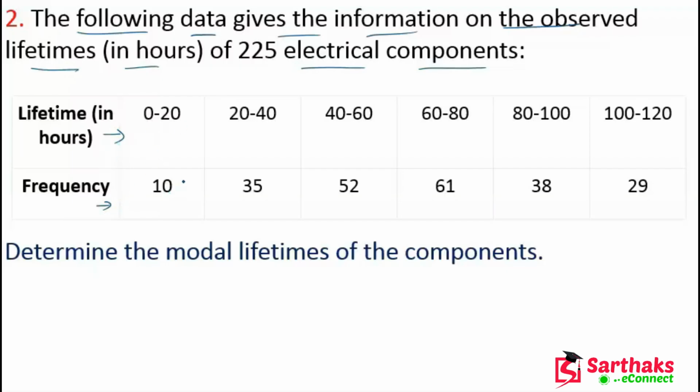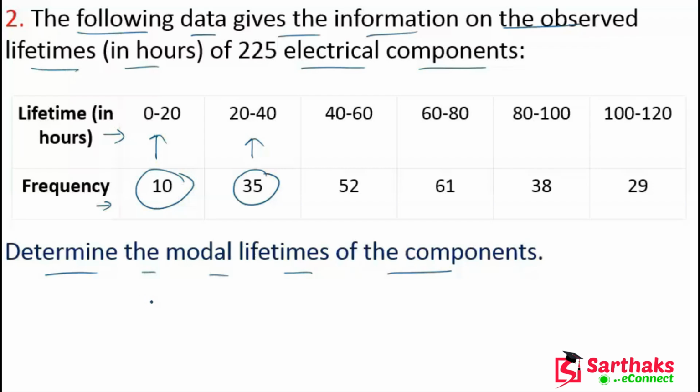There are 10 components which have a lifetime between 0 to 20 hours, 35 components which have a lifetime between 20 to 40 hours, and so on. Now determine the modal lifetime of the components. We have to find the mode.